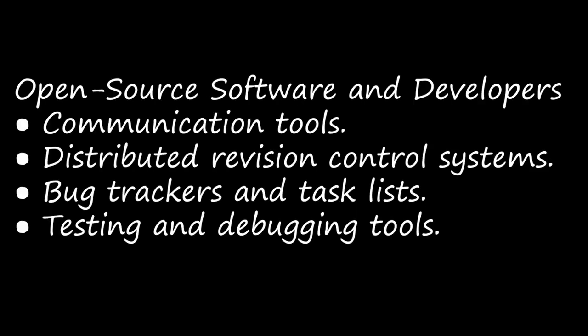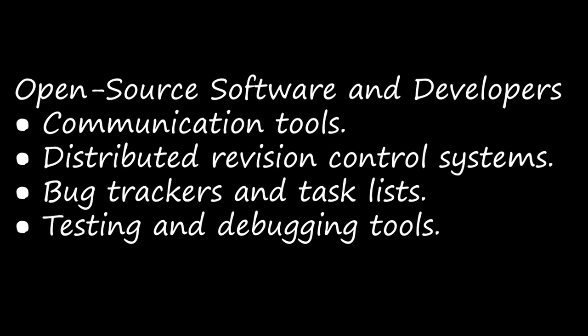Open source software projects are collaboration opportunities, and they will improve skills and build concepts in the field, right? In this domain in which open source software has developed, they will contribute to the open source community, and that will include communication tools, distributed revision control systems, bug trackers, and task lists. Right? One more is the testing and debugging tools also.